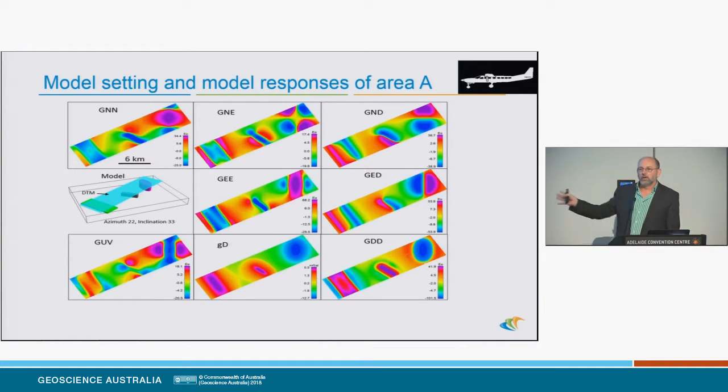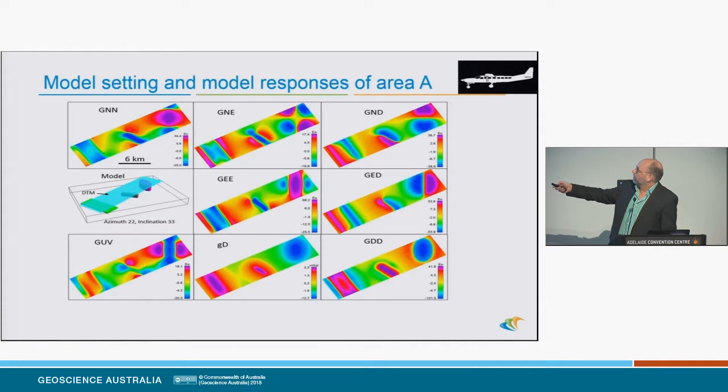So for each of those areas, we ignored the gravity data that was collected and constructed our own gravity gradient data using models. And this shows you the models used for area A. So there's a cylinder here, a rectangular prism here, and a flat plate down here. So these models are placed in the same survey areas as the real surveys, same flight lines and so forth.